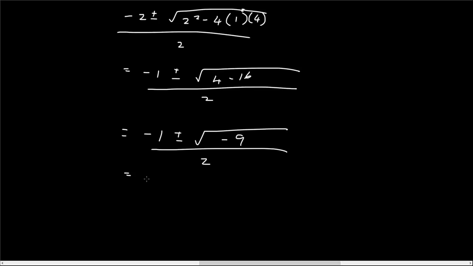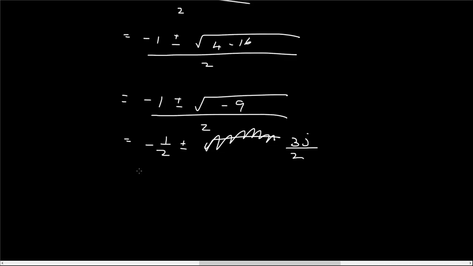We can ditch the square root, giving minus 1 over 2 plus or minus 3j over 2. So it's equal to minus 1 over 2 plus or minus 3 over 2 j.